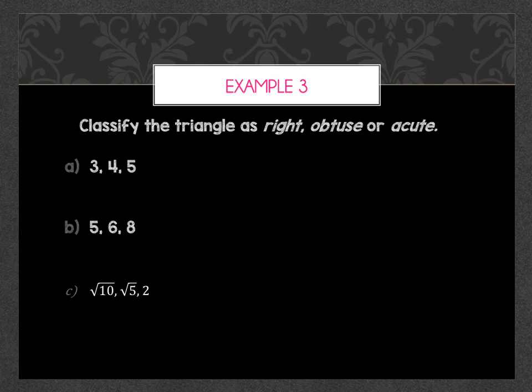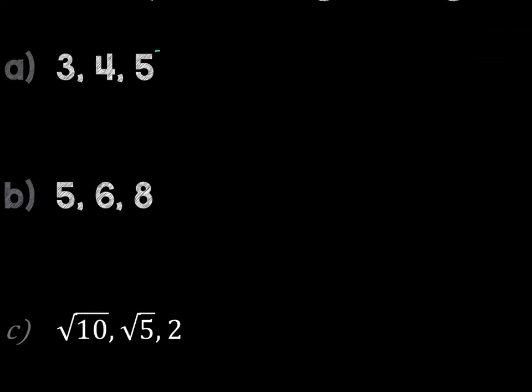Okay, so this is what's going to happen. You're going to be given 3 side lengths this time, and it's going to ask you to classify the triangle. Your answers are either right, obtuse, or acute. The first thing you have to do is find the biggest side, because that's your c. You have to have that one be alone. So if I look at A, 5 is the biggest one. So I'm going to say 5 squared has what relationship to 3 squared plus 4 squared?